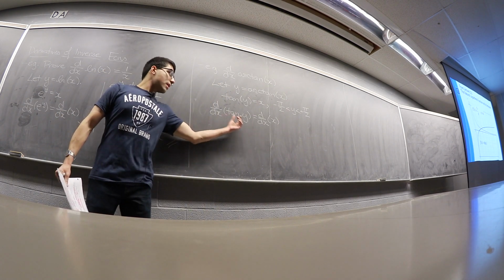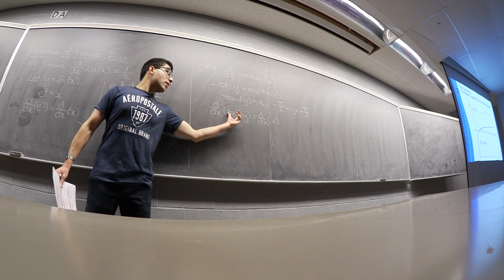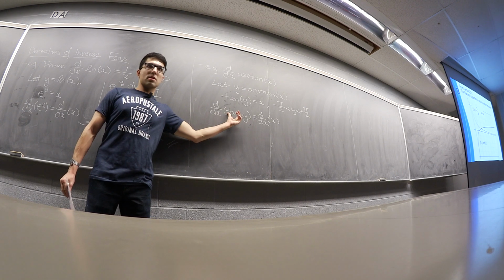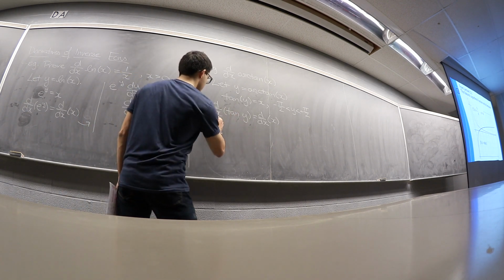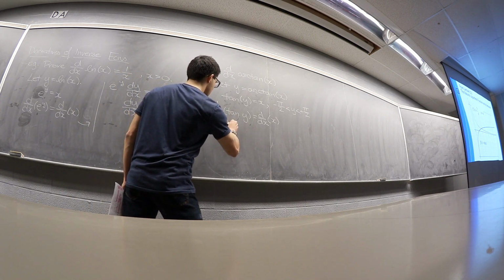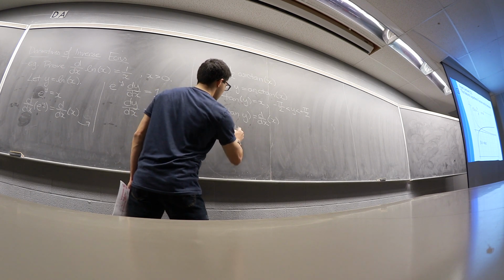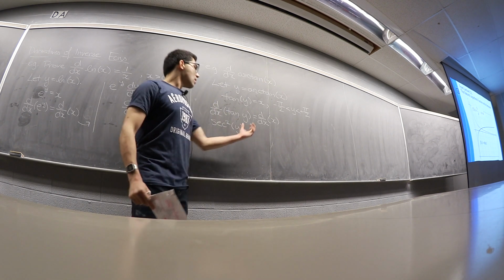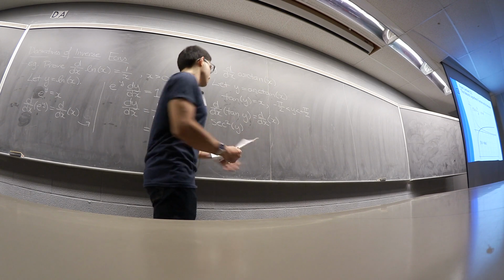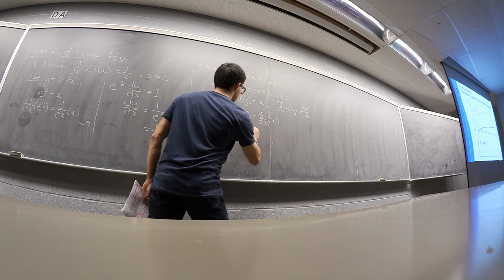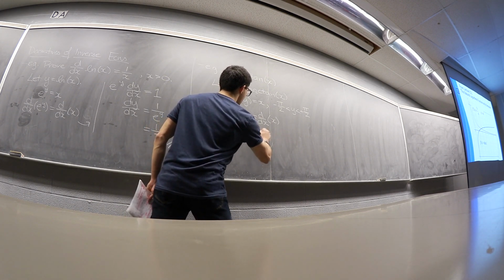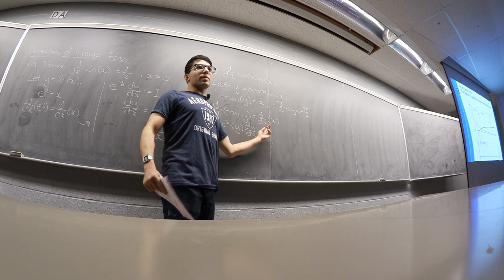Okay, the outer function is tan, the inner function is y. The derivative of tan is secant squared. So we're using chain rule here again, as usual, secant squared of what it sees multiplied by the derivative of the inside function, dy dx. The derivative of x with respect to x is 1.